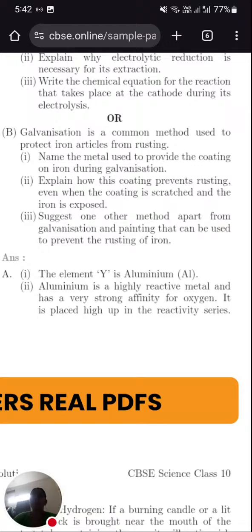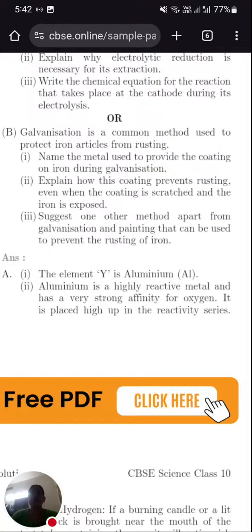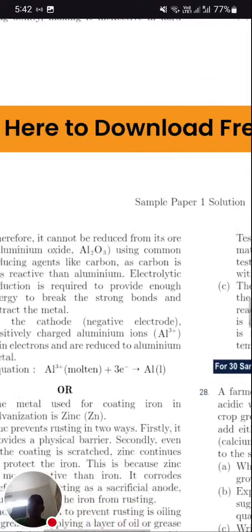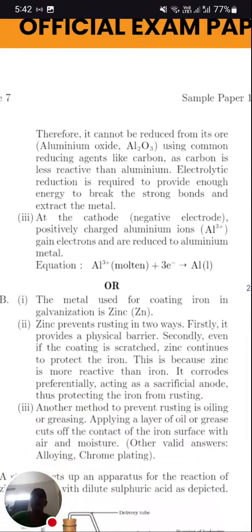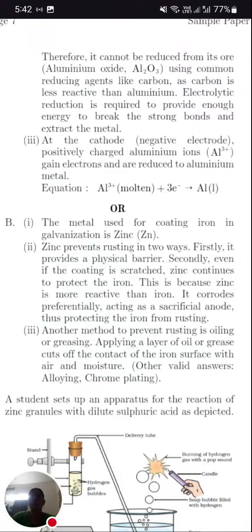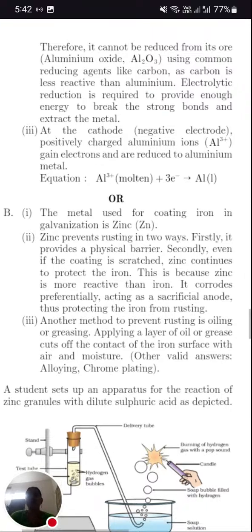So different methods are there. Anodizing is there, then alloying is there, and oiling is there to prevent rusting. If it is simple farm articles, they can be oiled and protected. So let's read the answer now. The metal used for coating iron in galvanization is zinc.